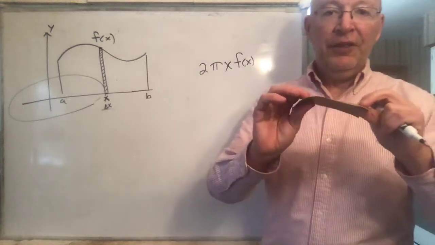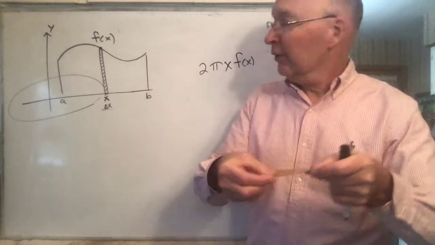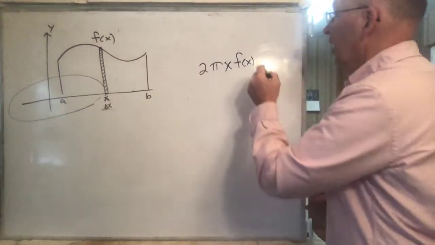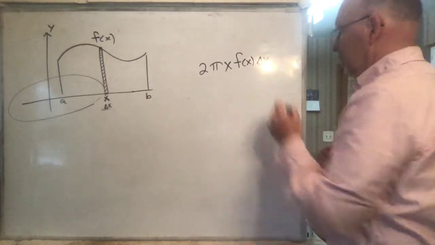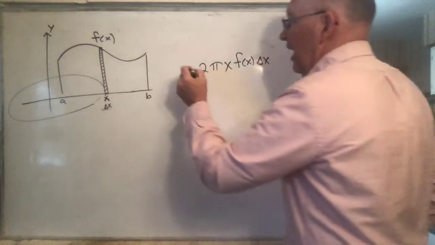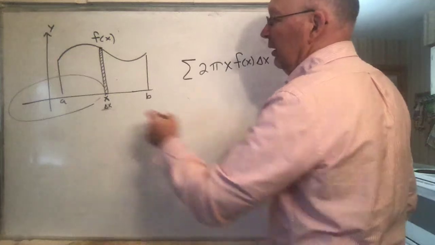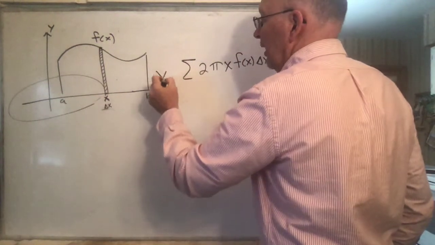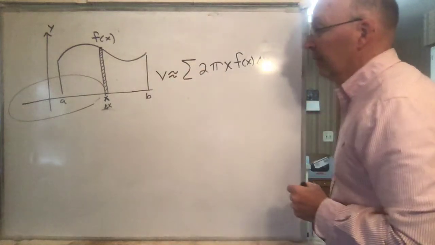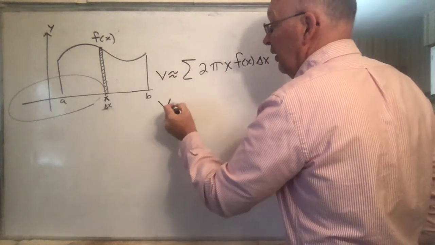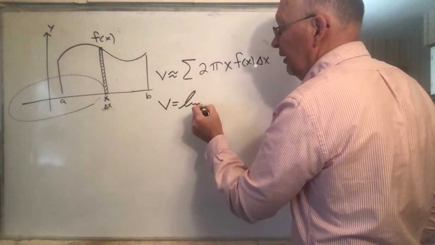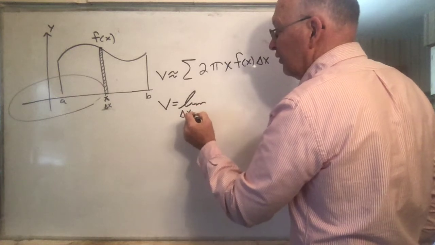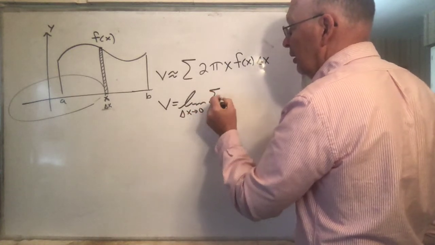And then finally the thickness of it. There's the thickness of it right there, which is just your little delta x. Okay? So you add up all those things for every one of these rectangles going from here to here, and you're going to get an approximation for the volume. And then as before, the actual volume is going to be the limit of that as delta x goes to 0.